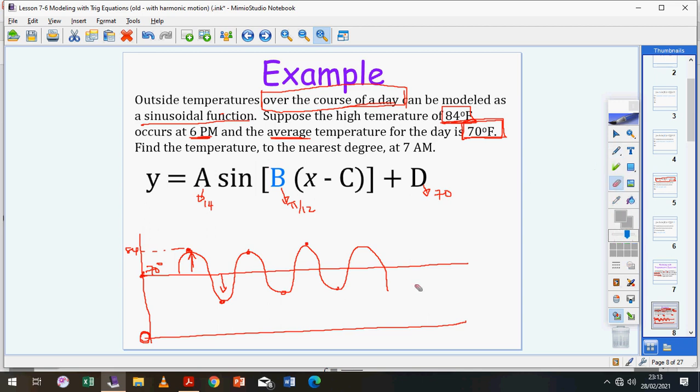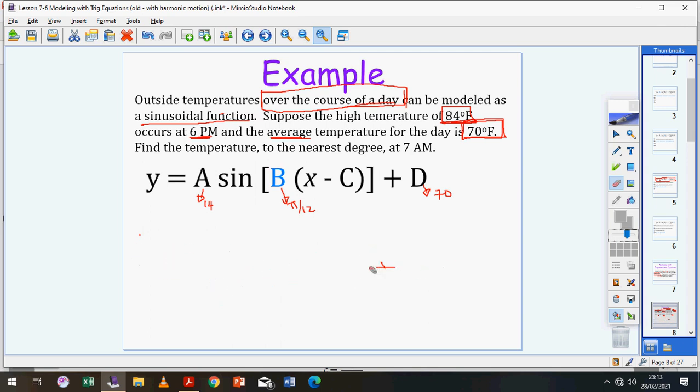Now to figure out C, I'm going to use a substitution here. This part of the question tells me that the high temperature of 84 degrees happens at 6 p.m. This is the last piece of information I had to use. If you think of the day as a 24-hour period, from midnight, which I'm calling 0, to the next midnight, which is after 24 hours, this is going to be midday, which is 12 p.m. 6 p.m. is going to be in the upper half of the day.